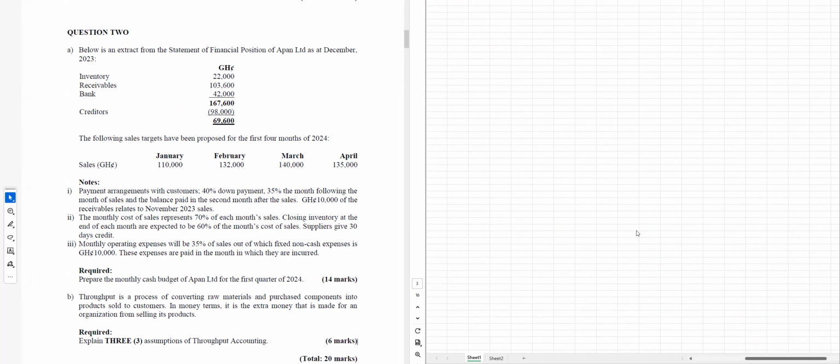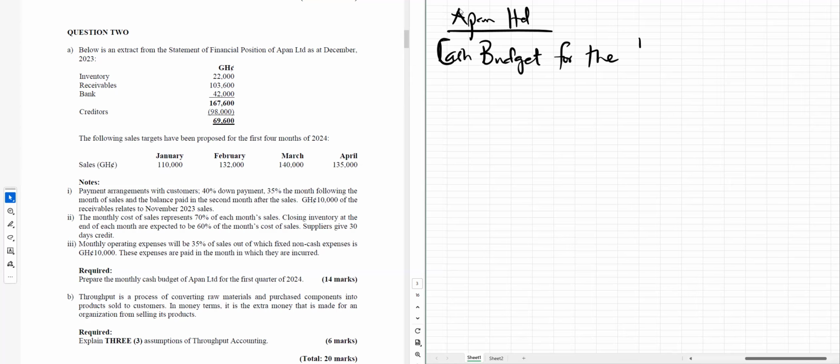All right. So, Upon Limited, right? They say we should prepare monthly cash budget. And it's 4 months, right? So, for the first quarter, right? So we say cash budget for the first quarter of 2024.